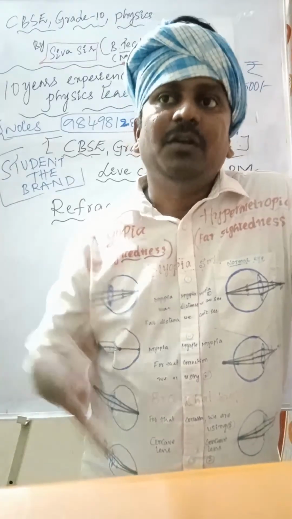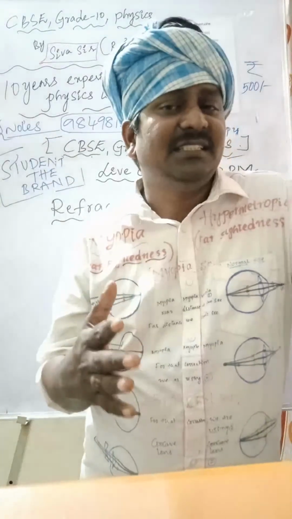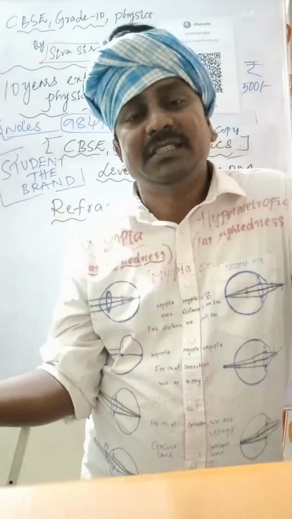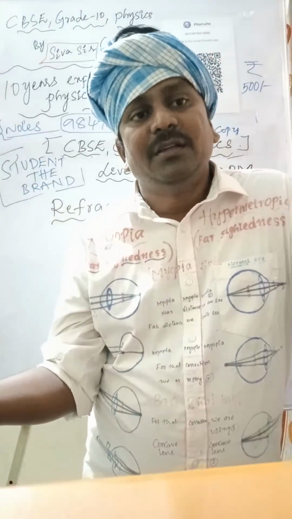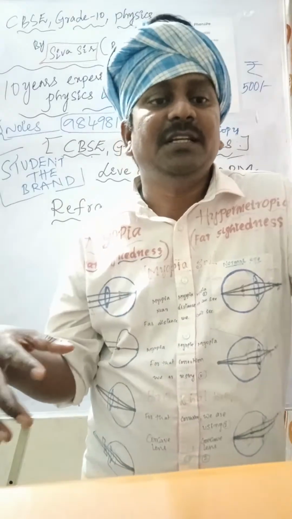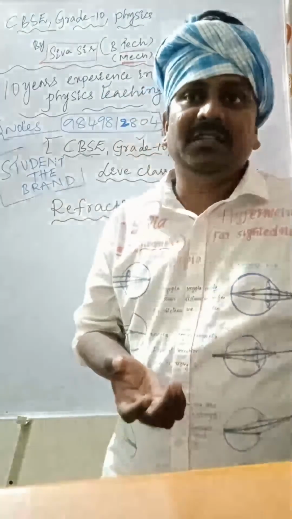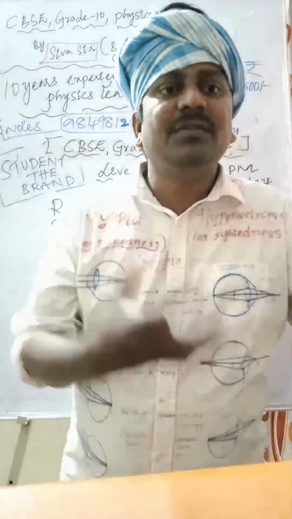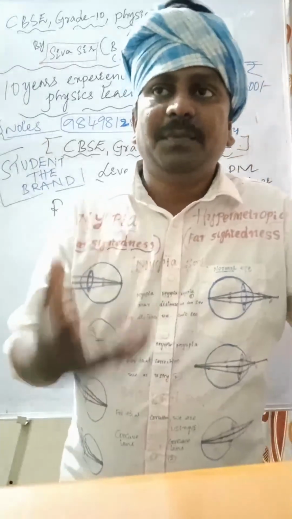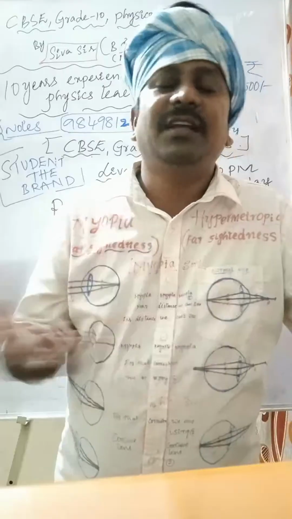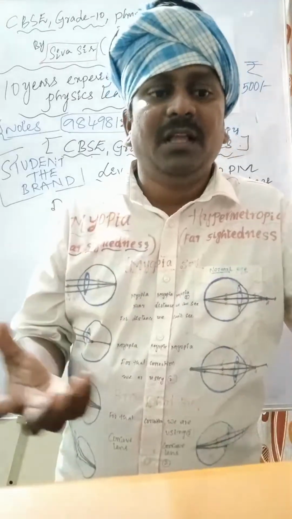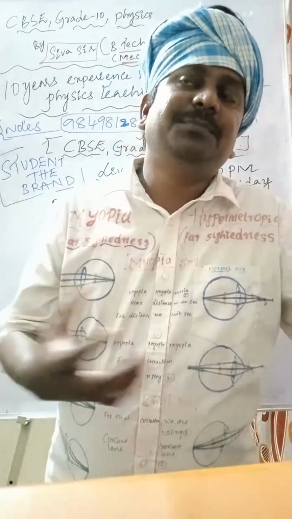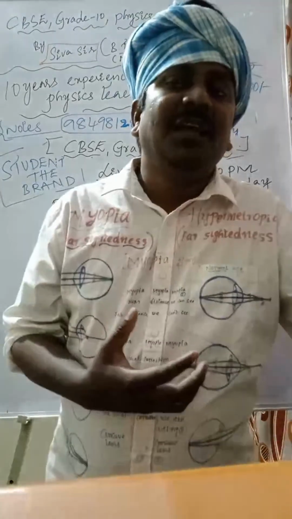In myopia we can see near distance objects, but can't see far distance objects. What is a near point? The near point is the minimum distance up to which a person can see clearly without any strain.